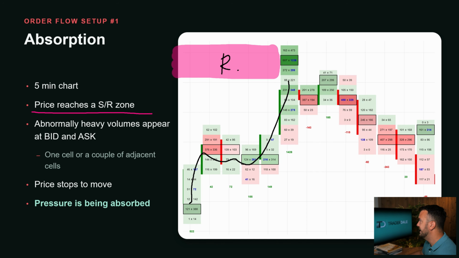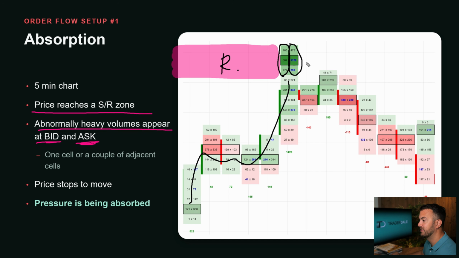What you want to see inside that resistance zone, and it's important that it's inside that resistance zone, is abnormally heavy volumes appearing both at bid and ask. Bid is at the left side of the footprint, ask is the right side of the footprint, and you want to see heavy volumes on both.